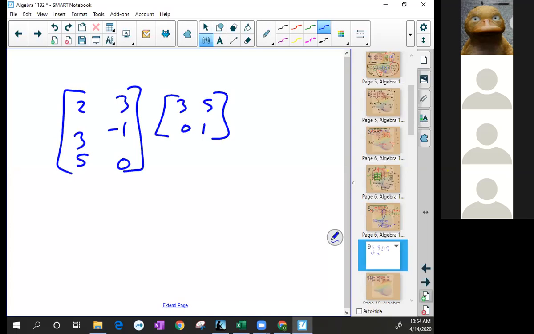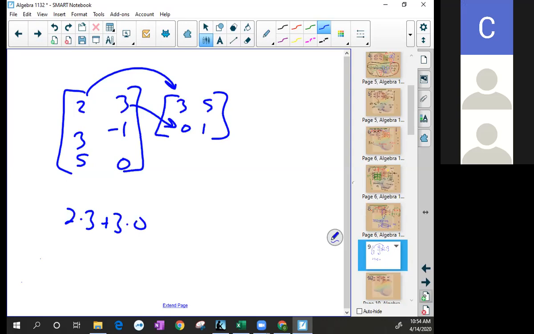Colin, the first thing I'm going to have here, I'm going to have 2 times 3 plus 3 times 0. The first row by the first column. You with me, Colin? Yeah. So that's going to be 6 plus 0, so that's going to be 6.